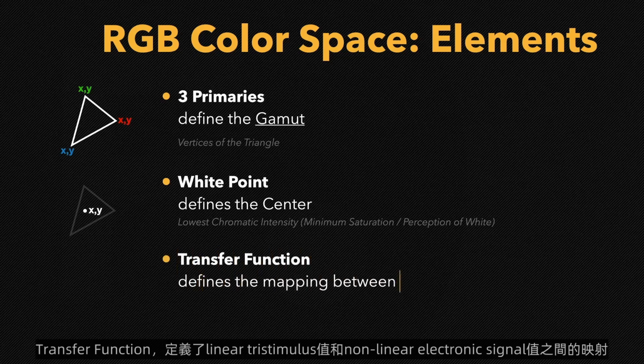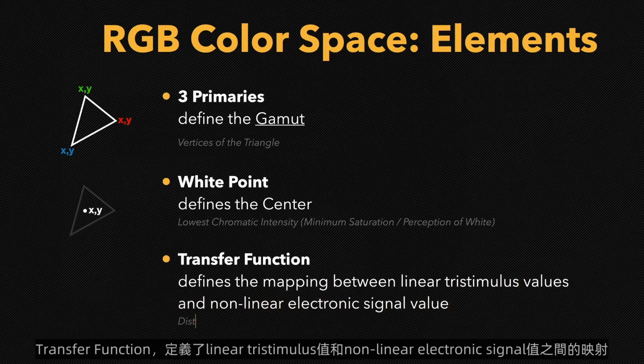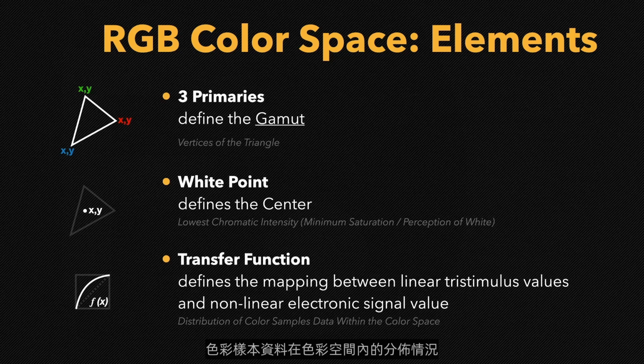And the transfer function that defines the mapping between the linear tristimulus values and the nonlinear electronic signal values, the distribution of the color samples data within the color space.